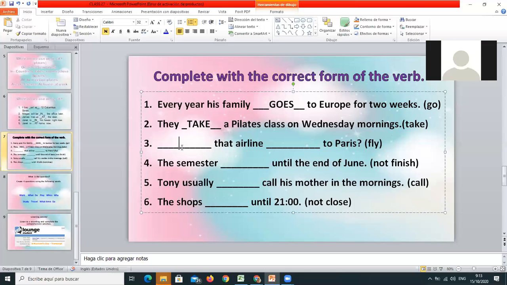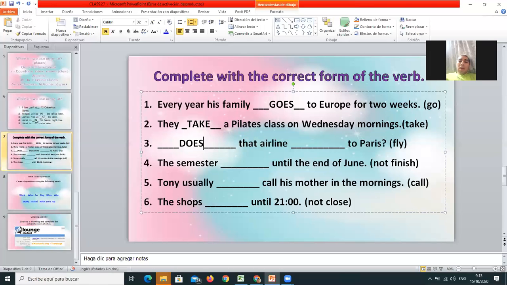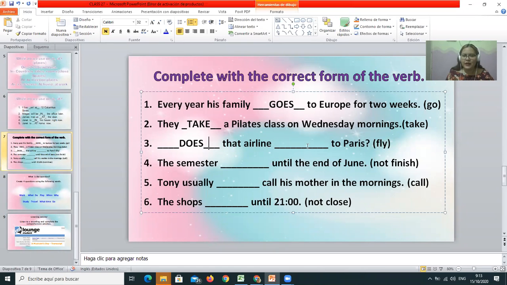Does, because the airline is only one. It's an object, a company. Now the verb, what is the form? Exactly, just the verb fly. Does that airline fly into Paris? Look, that airline is singular, it's only one airline, so you are going to use the auxiliary does.